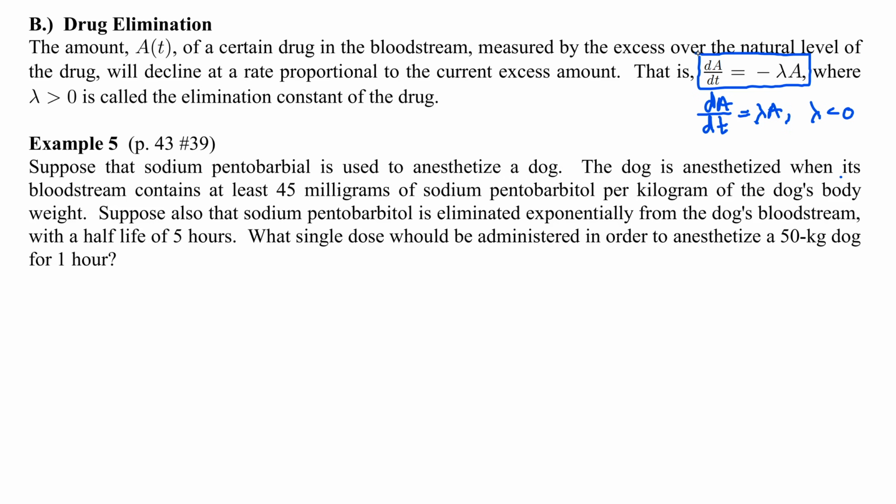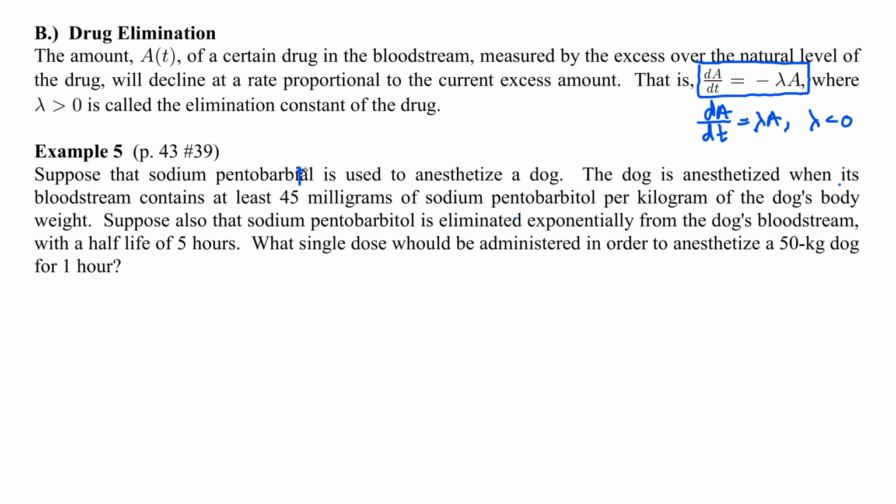It says, suppose that sodium pentobarbital, I spelled it wrong, I need an extra T in there, pentobarbital is used to anesthetize a dog. So here we're looking at veterinary medicine. The dog is anesthetized when its bloodstream contains at least 45 milligrams of sodium pentobarbital per kilogram of the dog's body weight. So anesthetized, sleeping, right, so you can operate on the dog when you have 45 milligrams of the medicine per kilogram of the dog's body weight.